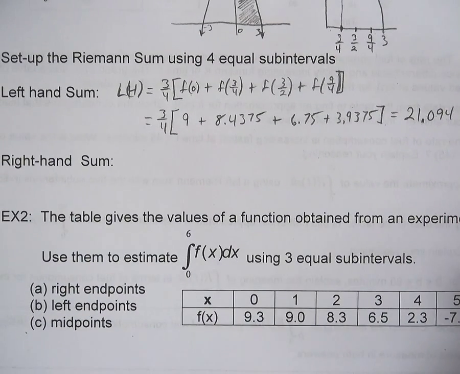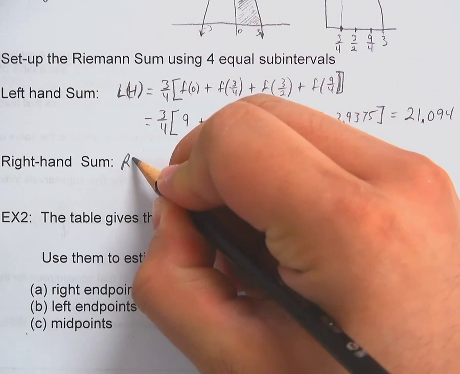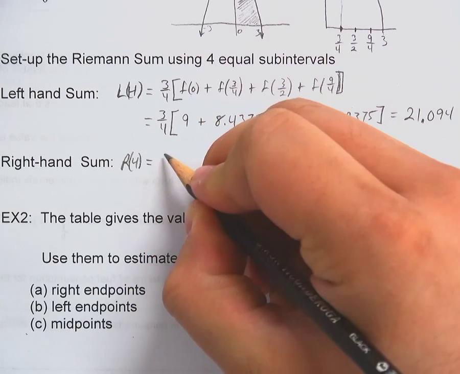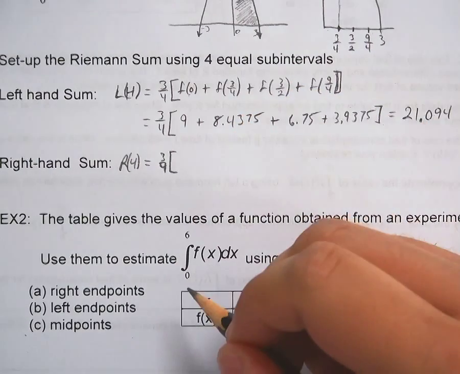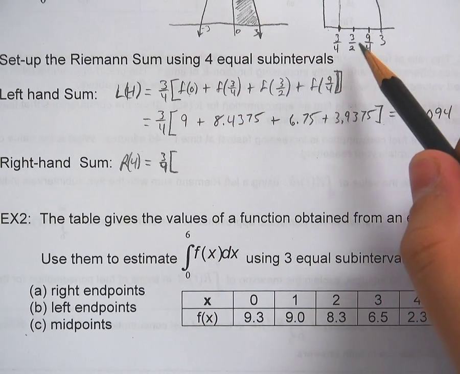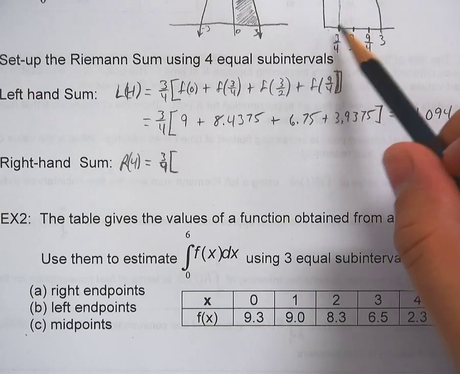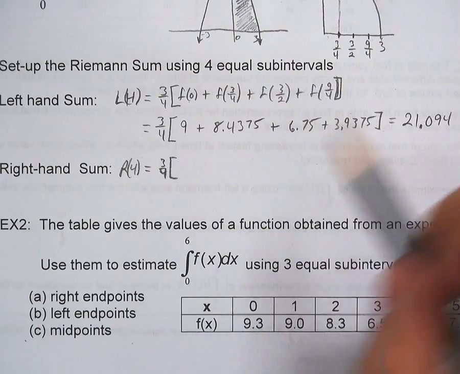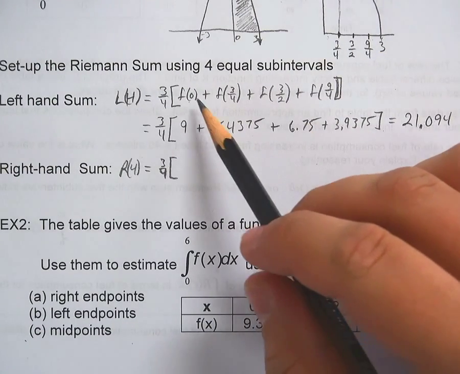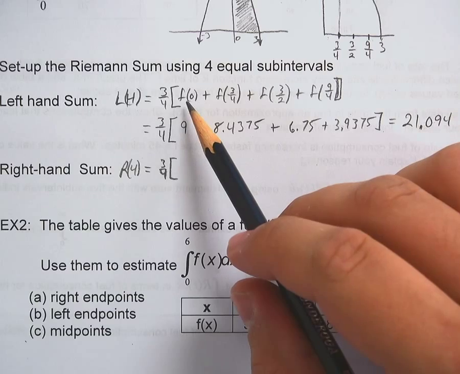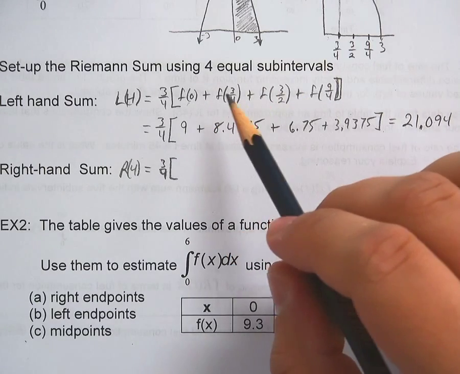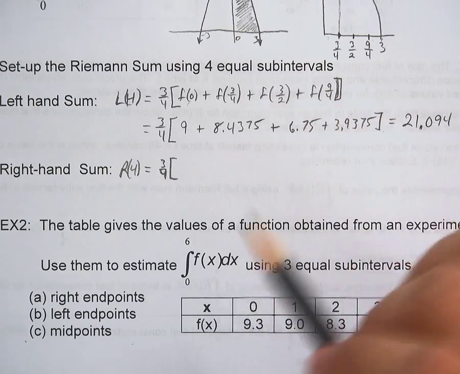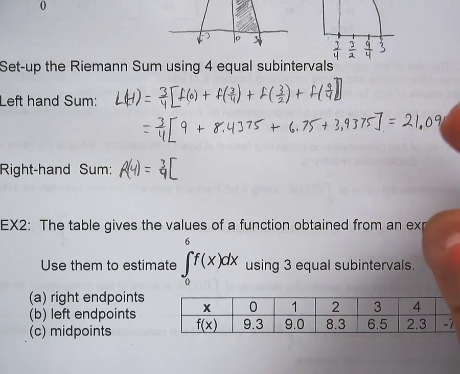All right, and then the right-hand sum is going to be 3/4 times, and I use all of the right-hand points. The easiest way that I like to do these is start from the left on the left-hand sum and go out 4 of your units: 0, 3/4, 3/2, 9/4. On the right hand, start with the right.